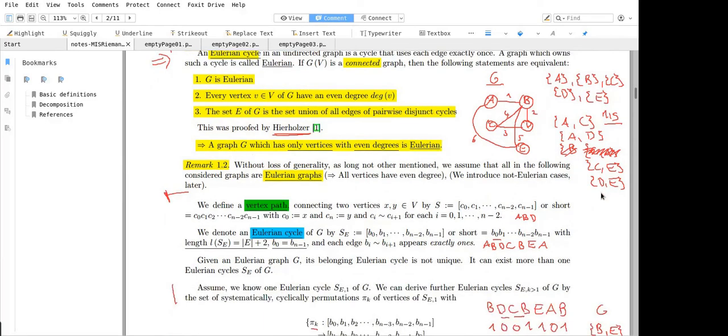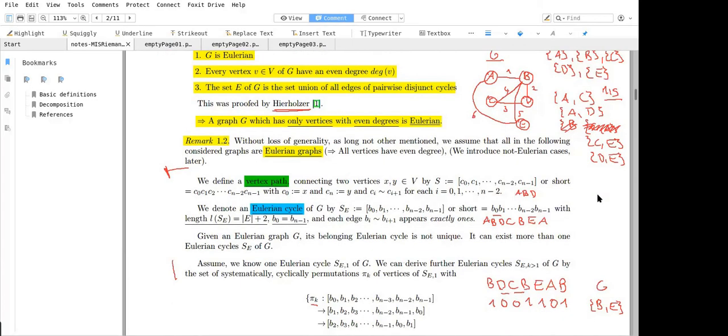So if we want to use our bitstring representation for this case, for example, we take AC.